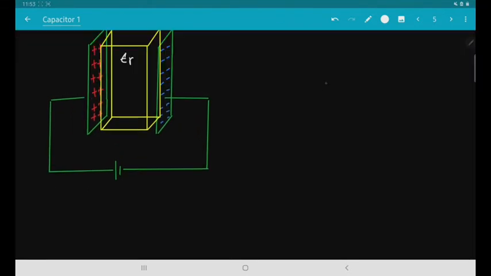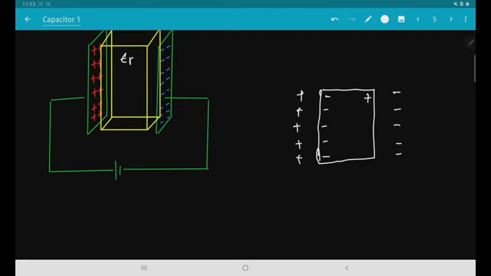Here inside this dielectric, we don't know how the charges are going to get distributed. But what we know is towards this positive charge there will be a negative charge accumulation, and towards this negative charge there will be a positive charge accumulation. But what we don't know is how these charges will get distributed.